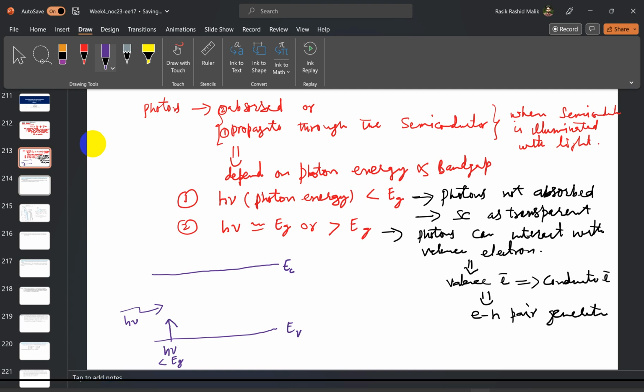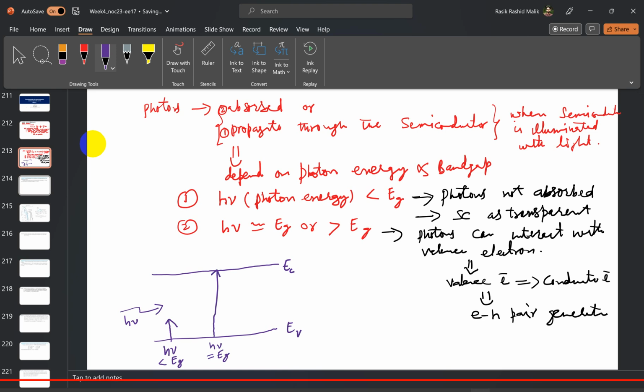And then there will be another case, say when h nu is equal to the band gap. In that case, the electrons may be raised from the valence band to the conduction band, and when the electron goes from the valence band to the conduction band, electron-hole pairs are generated. And then there is the third case, h nu greater than Eg.